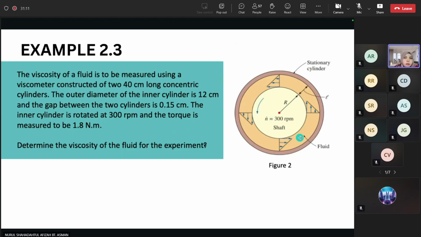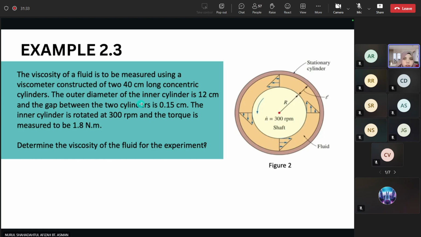So this is the example to calculate the fluid between two cylinders. The viscosity of a fluid is to be measured using a viscometer constructed of two 40 centimeter long concentric cylinders.